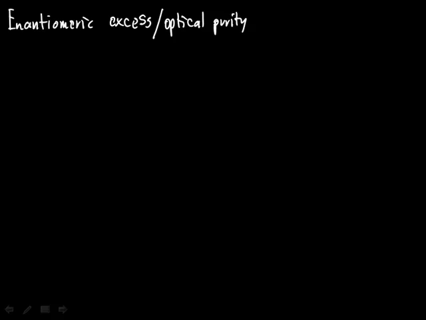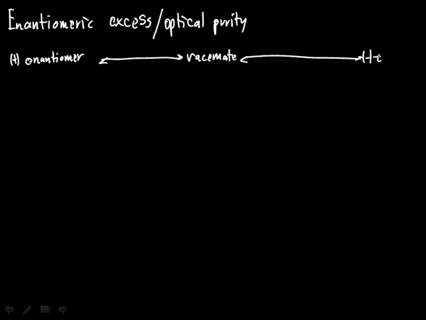So if you think of the composition of our mixture of enantiomers as going from plus enantiomer to racemate, and then over to minus enantiomer, in this case we'll have a pure plus enantiomer which will have a certain alpha value.